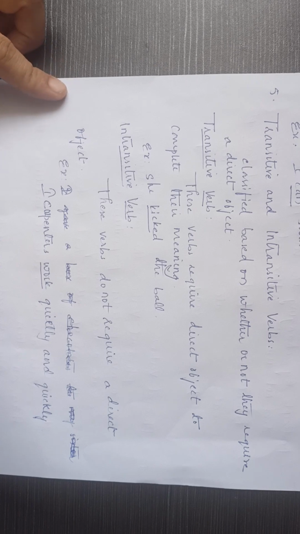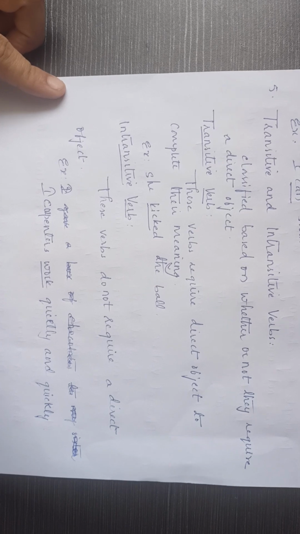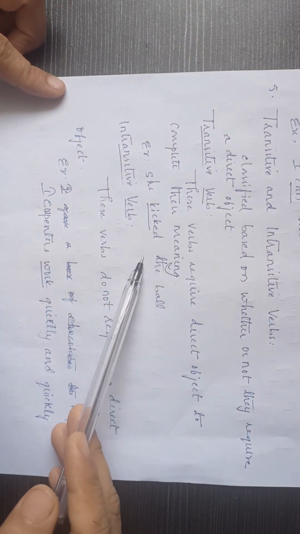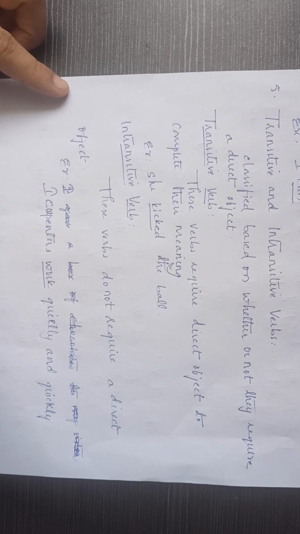So what is a direct object? A noun, pronoun, or noun phrase which is having something done to it by the subject of the sentence. Example: she kicked the ball. Here, the ball is the object that received the action of the verb.